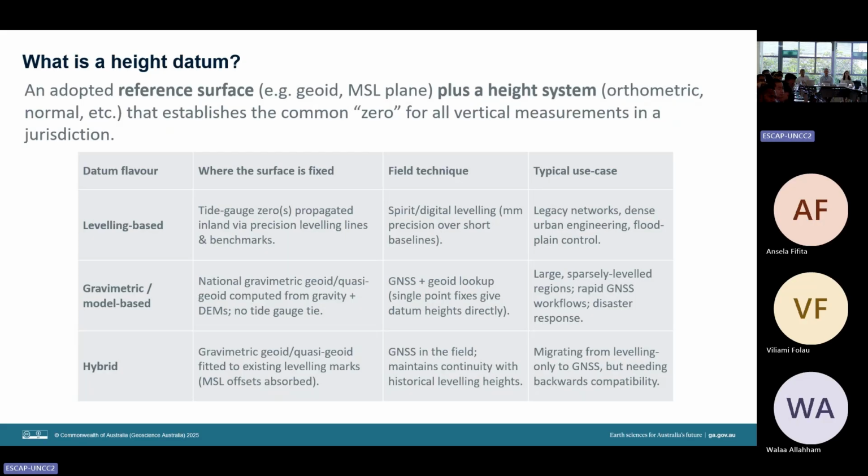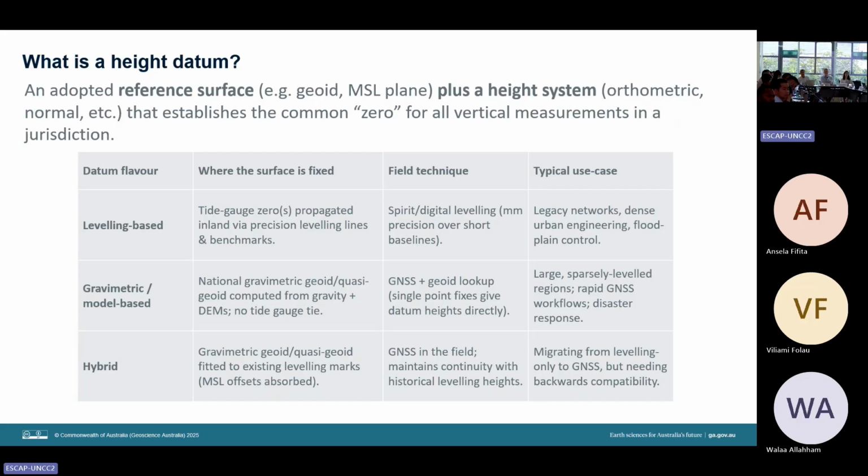So the second option there is gravimetric or model-based datums. Here the reference surface is defined by a gravimetric geoid or quasi-geoid, computed using gravity observations and digital elevation models. But it doesn't explicitly rely on tide gauge connections in its own right, so it's not necessarily directly linked to mean sea level.